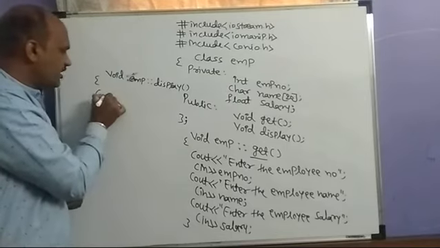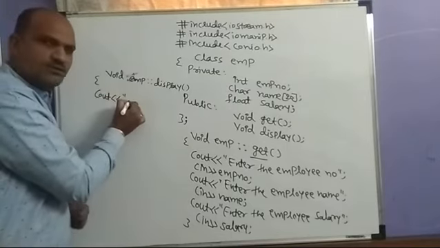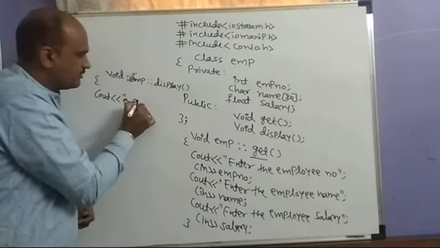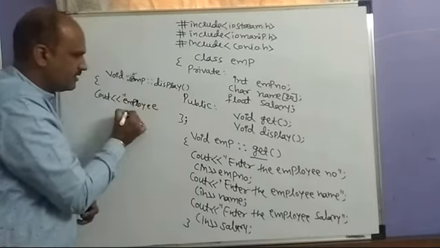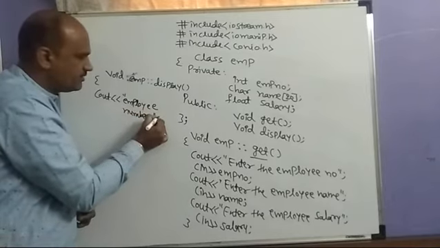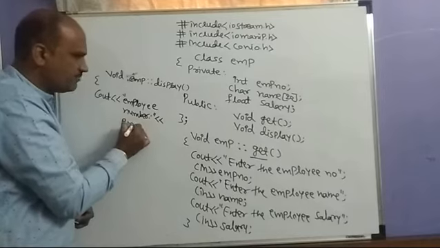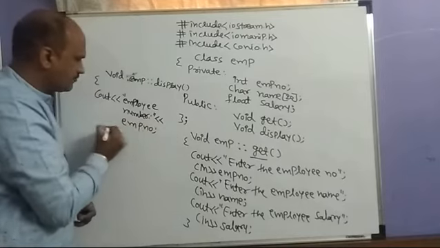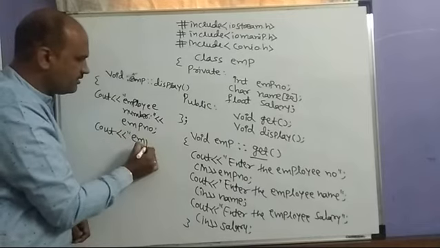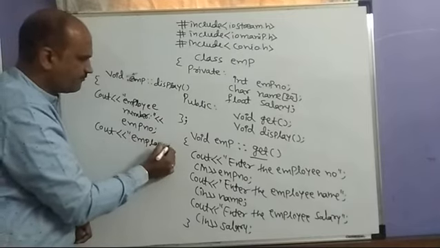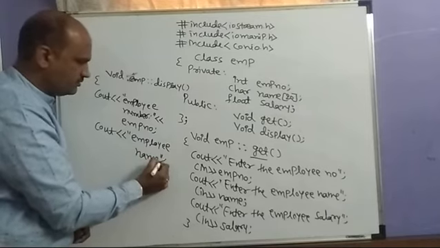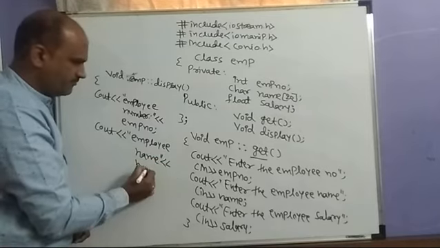That is cout employee number, which will be displayed by emp no. Then cout employee name, that will be displayed with the name.